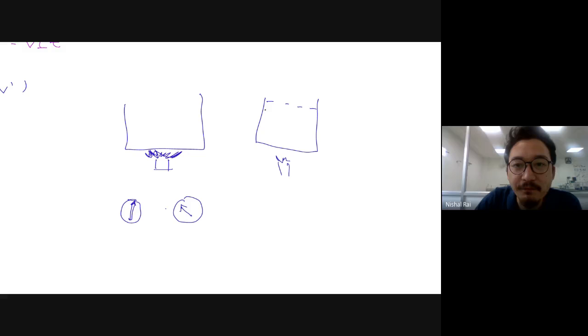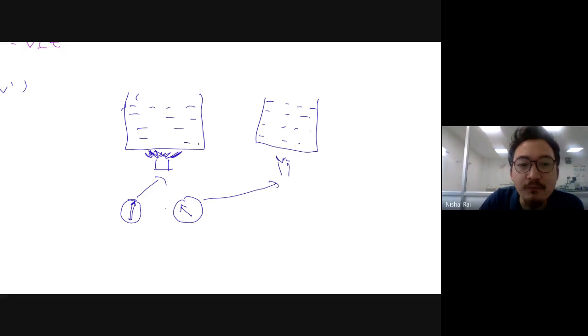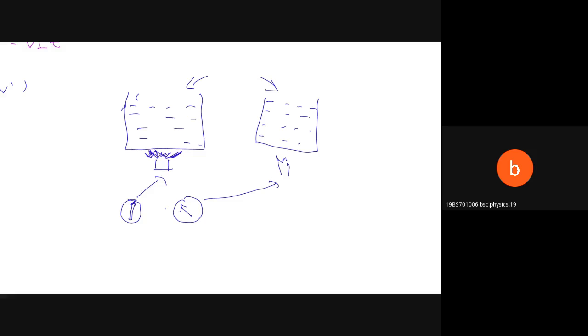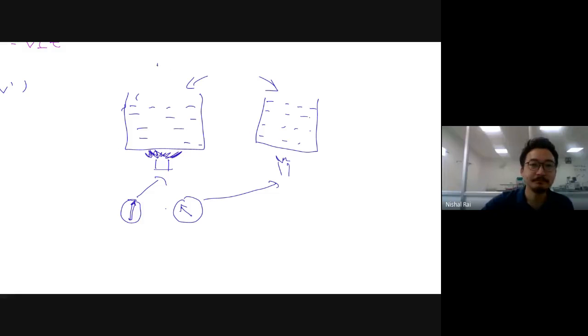If the flame is small, I'm putting this one on the small flame and this one on the large flame, and I'm boiling the same amount of water. Which one will boil first? The left one. Why?